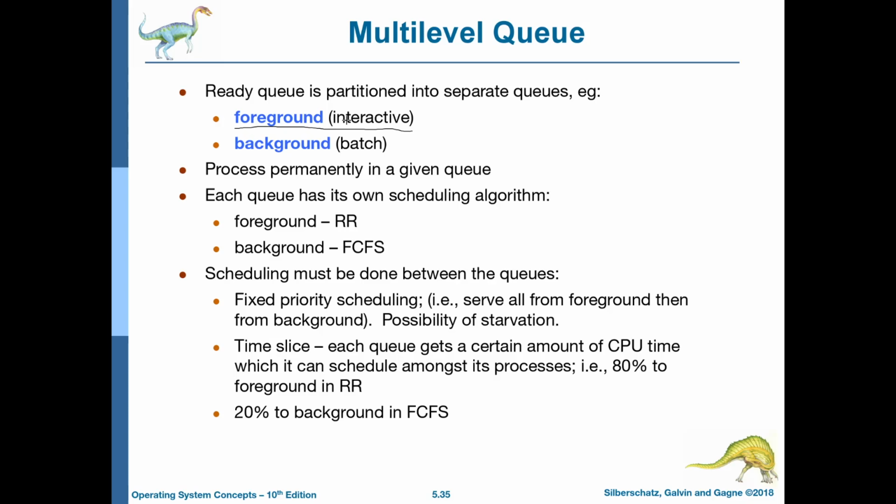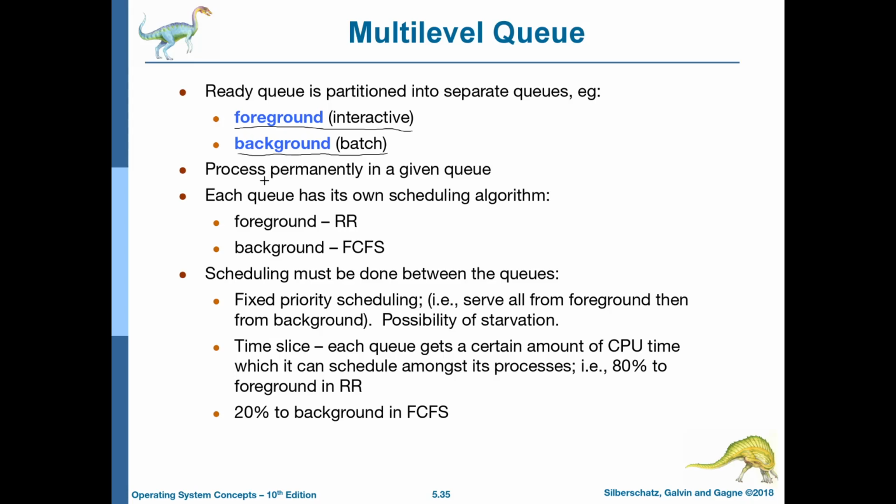But then there's usually a lower level or lower priority queue for background processes where we don't need interactivity. Those jobs can run when there's spare cycles to be run, but the jobs do need to be taken care of. This allows interactive jobs to be processed much more quickly, while these background jobs, which don't need interactivity, can wait around until there's time given to them.